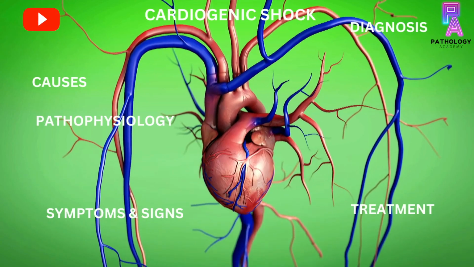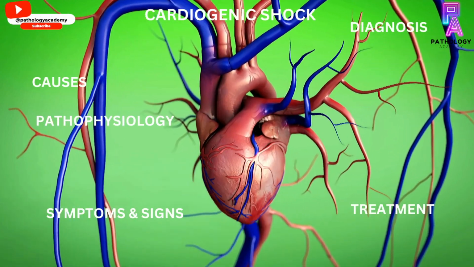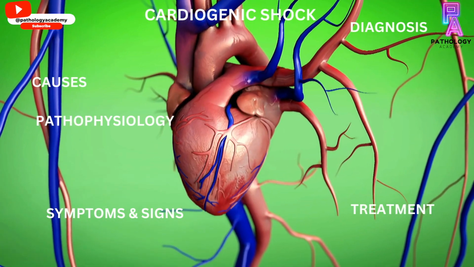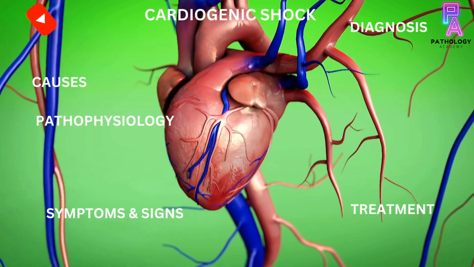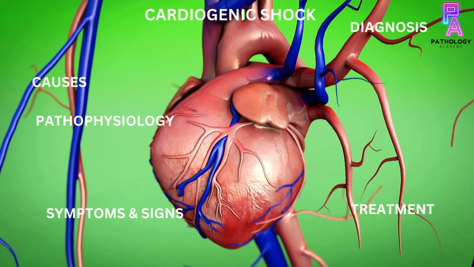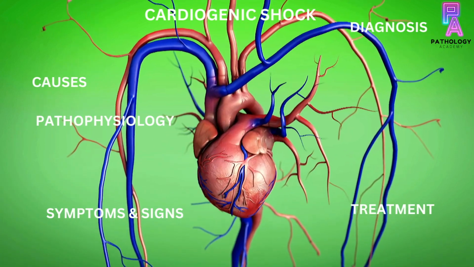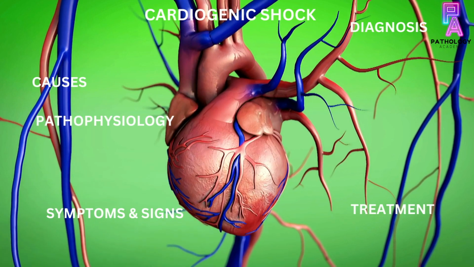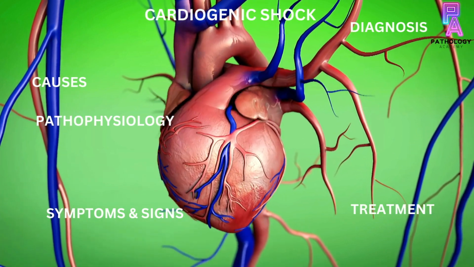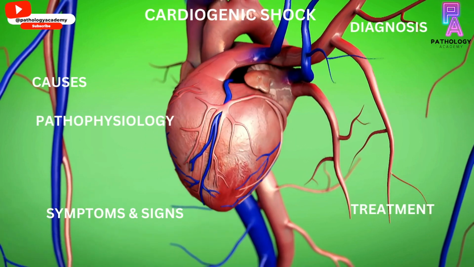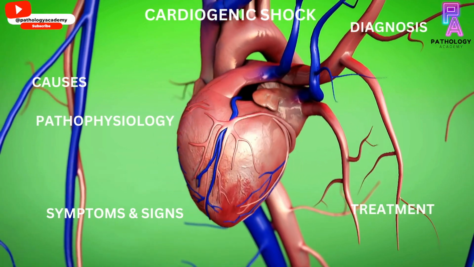So to summarize, cardiogenic shock can occur in various heart-related problems, which include myocardial infarction, arrhythmias, valvular heart diseases, and ventriculoseptal defects. In cardiogenic shock, there is systolic or diastolic dysfunction, which leads to ischemia of the myocardium and progressive myocardial dysfunction, and can ultimately lead to death if not treated at the right time.